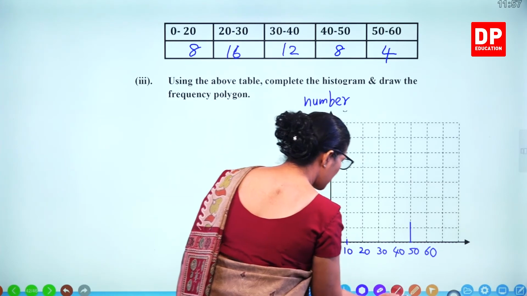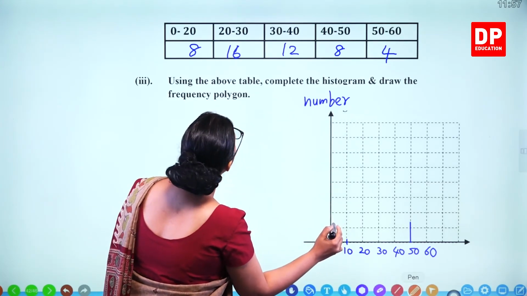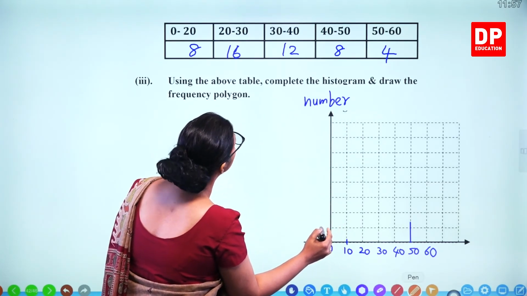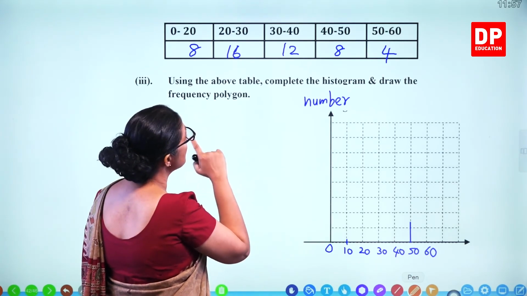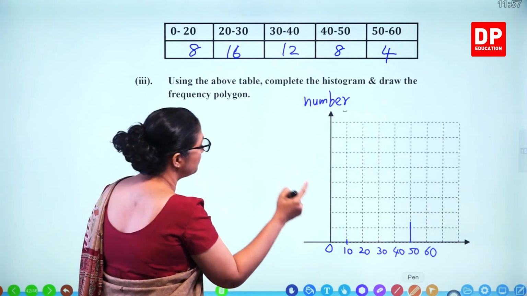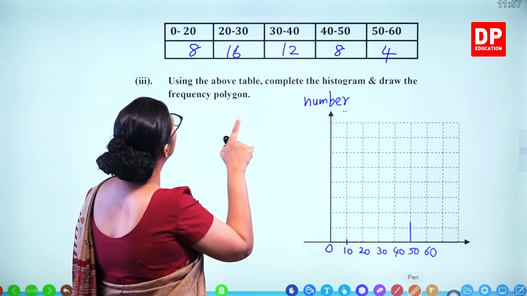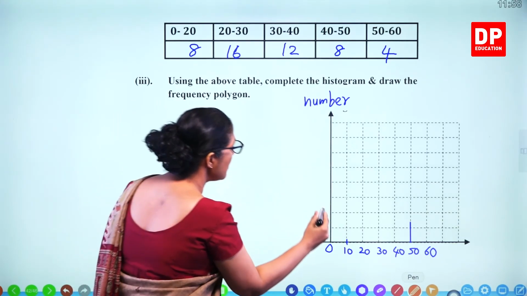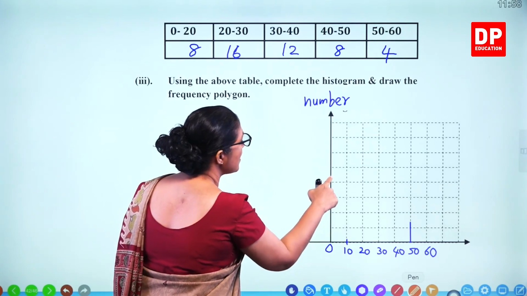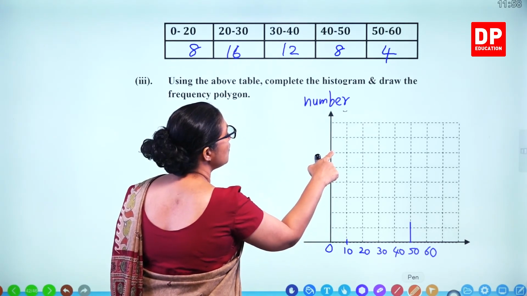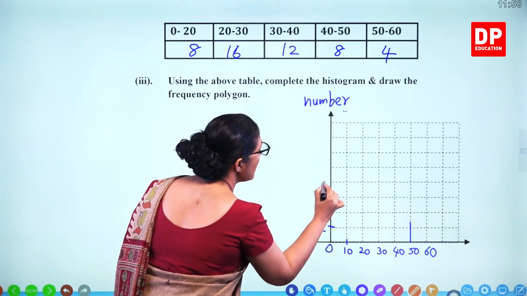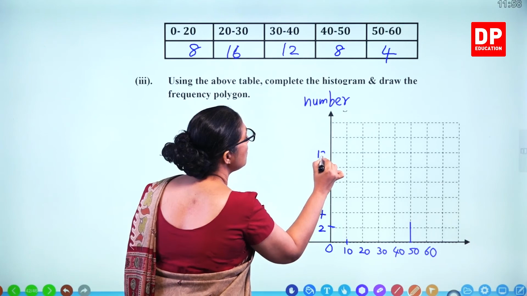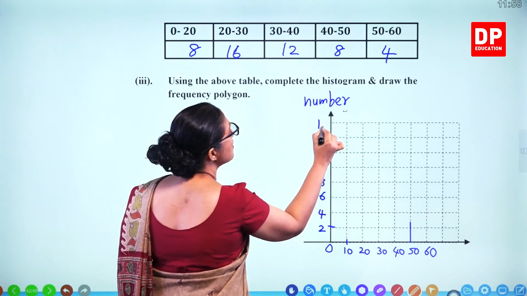So we'll first mark the points. So this is up to 16 is there. But the class widths are not the same. So only difference is here. So for 16 we need 2, 4, 6, 8, 10, 12, 14, 16.